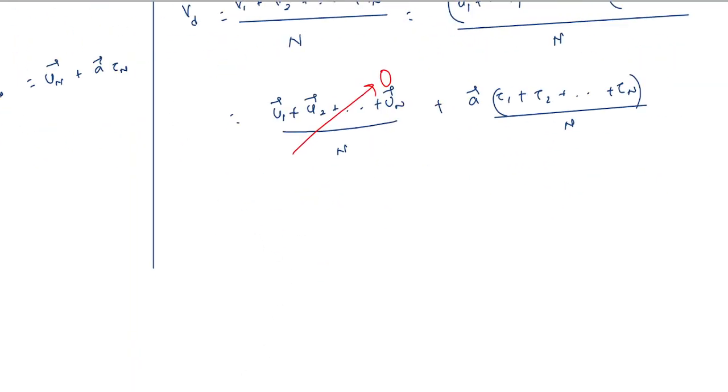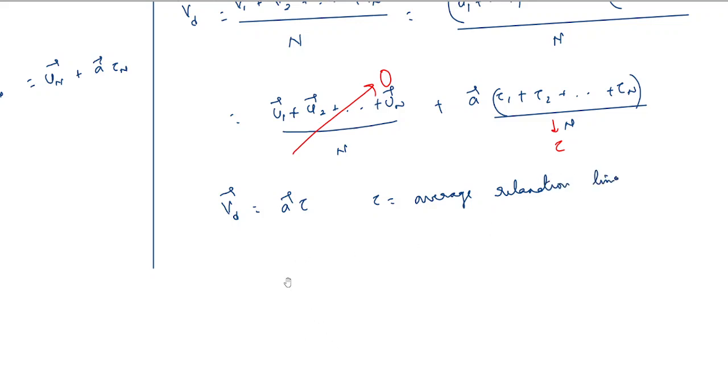Therefore, vd is equal to a into tau, where this tau is called the average relaxation time.